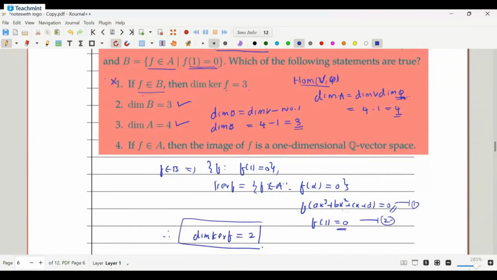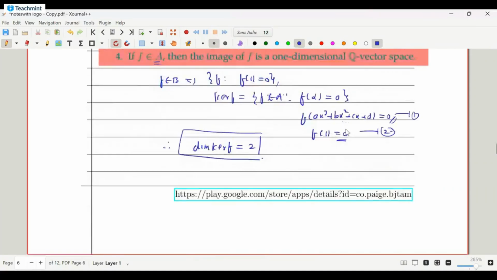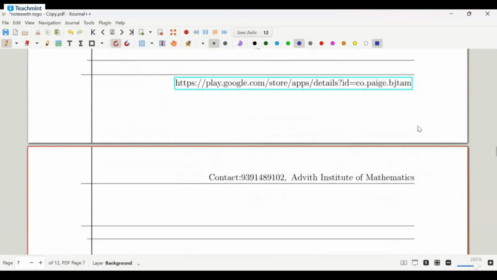If f belongs to A, then the image of f is one dimensional Q vector space. అవునా కదా? f అనేది A లో ఉంటే the image of f is one dimensional కదా? Since f is a linear function from V to Q, sir, where Q is a one dimensional vector space.